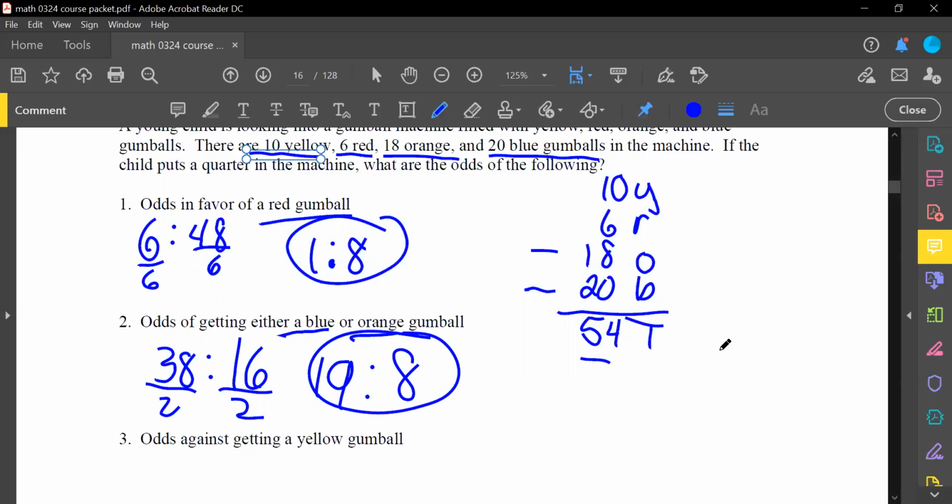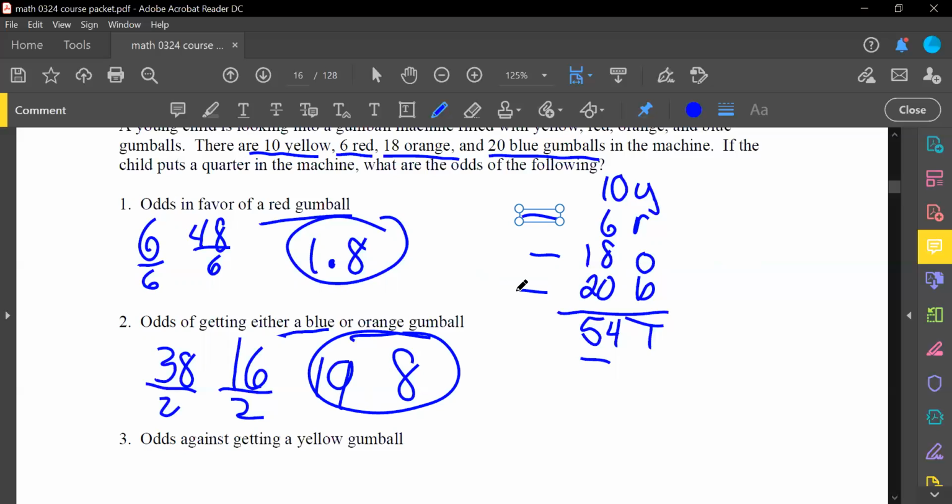Odds against getting a yellow gumball. You have to consider that now what I want is to not get a yellow. Not getting yellow means getting a red, an orange, or a blue, so I'm going to add those up. That would be the number of ways of not getting a yellow: 20 plus 18 plus 6. So I get 44.